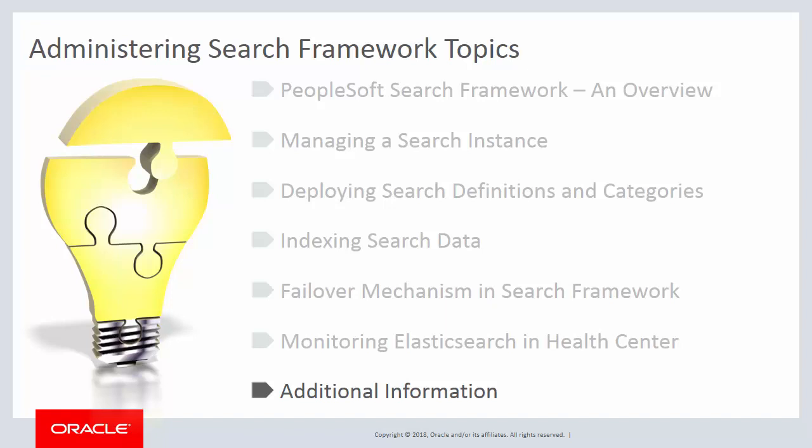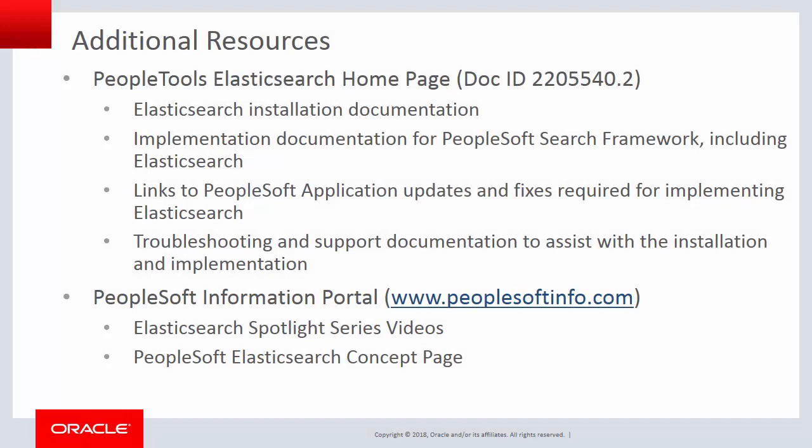Before we complete this session, let's have a quick look at the various sources of information available on PeopleSoft Search Framework and Elasticsearch. We maintain a dedicated homepage for Elasticsearch on My Oracle Support. The doc ID is 2205540.2.